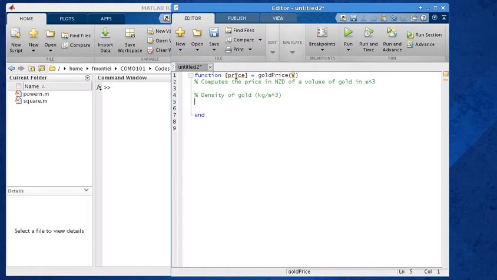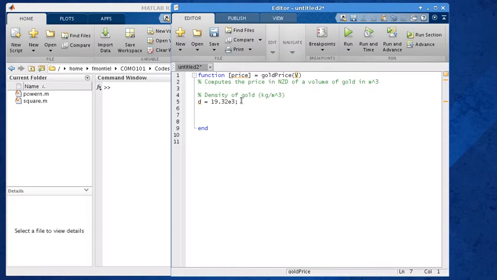Those are standard units. I'm going to call the density D, and that's 19.32 thousand. The way to write 1000, which is 10 to the power of 3, in MATLAB is just E3. So that means 19.32 multiplied by 10 to the power of 3. These are very useful notations.